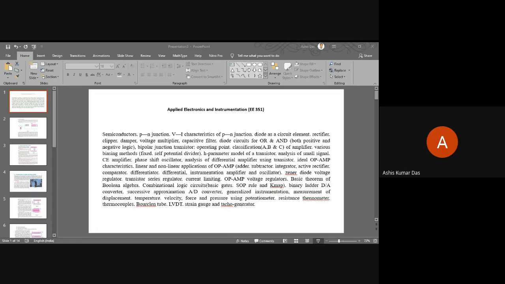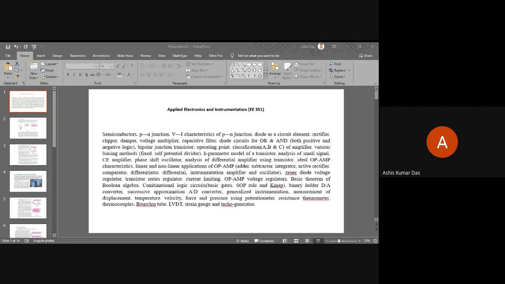We are going to study the characteristics, linear and non-linear applications of the op-amp. The op-amp is mainly used for adding, subtracting, integrating or differentiating. At the same time, it can be used as a differential amplifier, instrumentation amplifier, oscillator, and active rectifier.